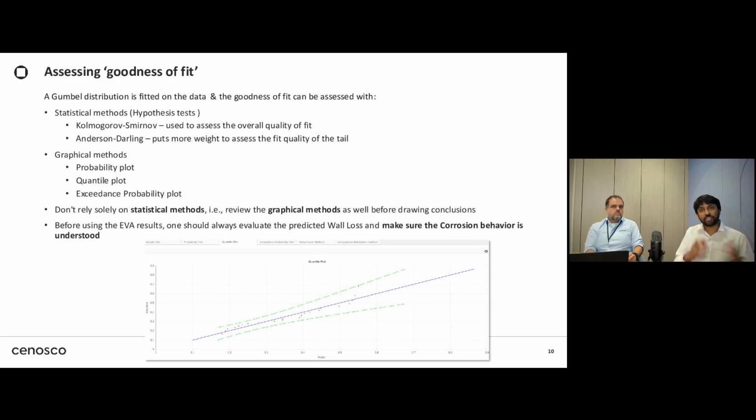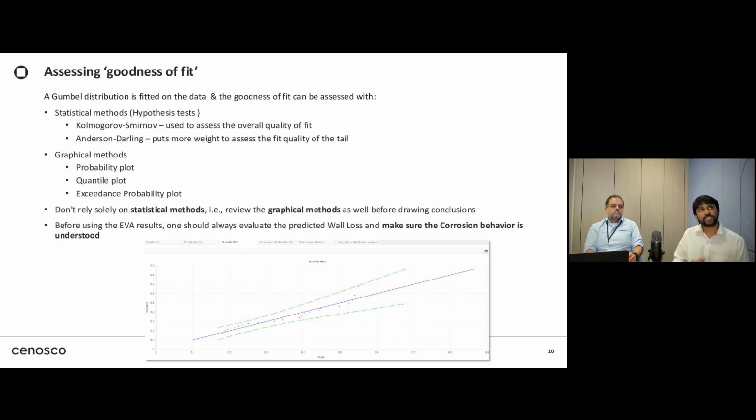But here, with extreme value analysis, we're looking at extreme values. That's why we're primarily dealing with maximum values. In such cases, we're typically dealing with a distribution such as the Gumbel distribution. And we're assessing our data and ensuring the wall thickness results that we have received are a good fit with regards to a Gumbel distribution.